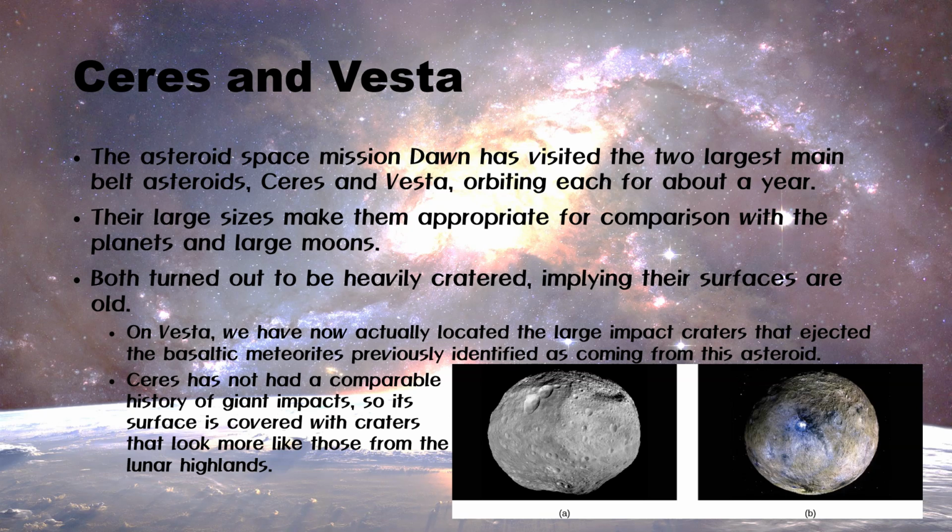On Vesta, we have now located the large impact craters that ejected the basaltic meteorites previously identified as coming from this asteroid. Ceres has not had a comparable history of giant impacts, so its surface is covered with craters that look much more like those we would find in the lunar highlands.